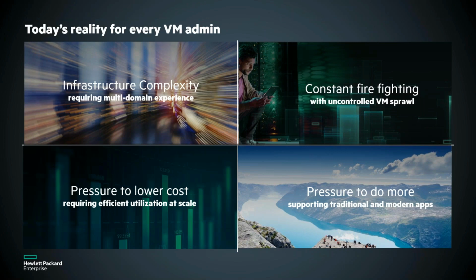So to start off the session, first I'm going to talk about the issues that IT admins face on a daily basis. When we look at data centers today, VM admins are currently struggling to deal with the complexity of their infrastructure, which can slow down the time to market. They also have to be very reactive, where they have to fight fires, which can take up resources and time, but you also end up having to deal with uncontrolled VM sprawl.